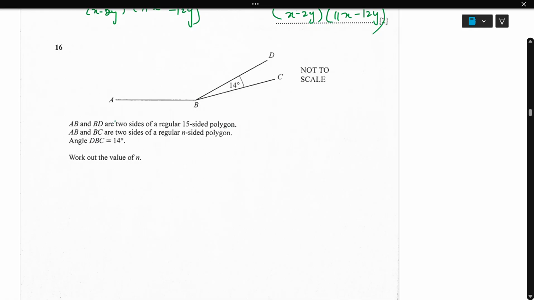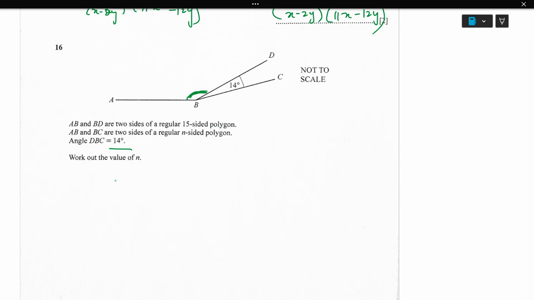Next, question number 16. Here AB and BD are two sides of a regular 15 sided polygon. So this is a 15 sided polygon. Next, AB and BC are two sides of another polygon, and the angle is also given here as 14. Find the value of the number of sides. First I'll take this polygon, which has a total of 15 sides.